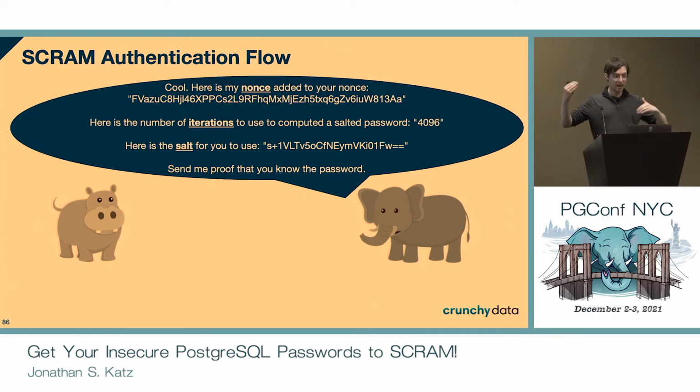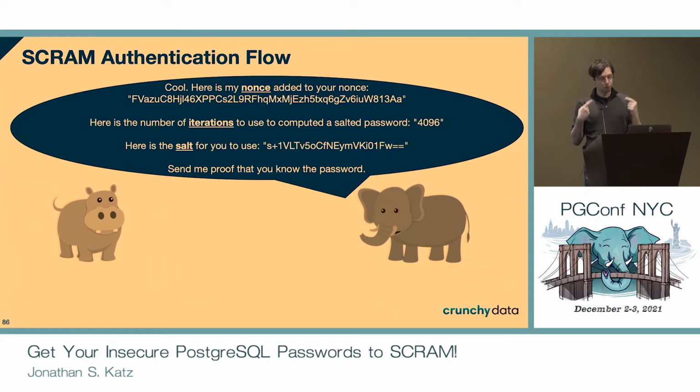That way, we each have something that we generated one time just for the SCRAM session. And now if any funny business is going on, I know my nonce, you know your nonce, and if we don't like what we see, we can just bail. I'm going to send you some information as well for you to try to derive the secret, because remember, we're not sending the password up in any recognizable form.